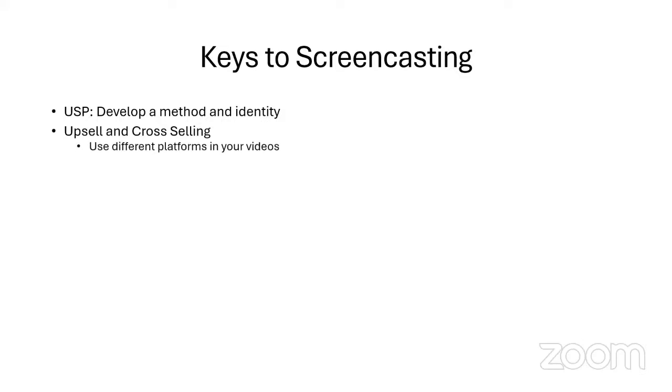And so you want to use different platforms in your videos, and you're going to be coming across all kinds of ways to display something. Maybe you're going to use a certain kind of word processor. Maybe you're going to use a certain kind of site to display calendar or time management. You want to use those different platforms in your videos, and you want to focus on the ones that you use personally. So again, that almost ties back to the USP, because those videos are going to be unique.